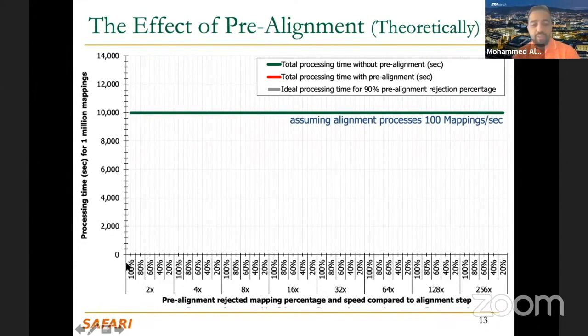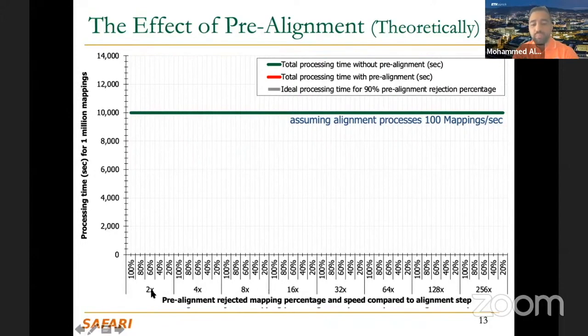In the first row, we have the rejection ratio of the filter: the percentage of the input mappings, or pairs, that get rejected by the filter. We have 100% all the way to 20%.